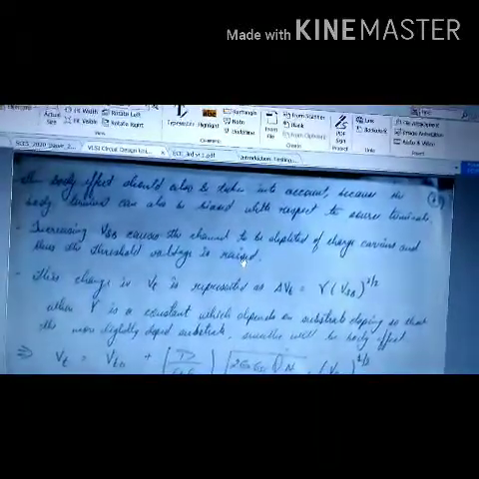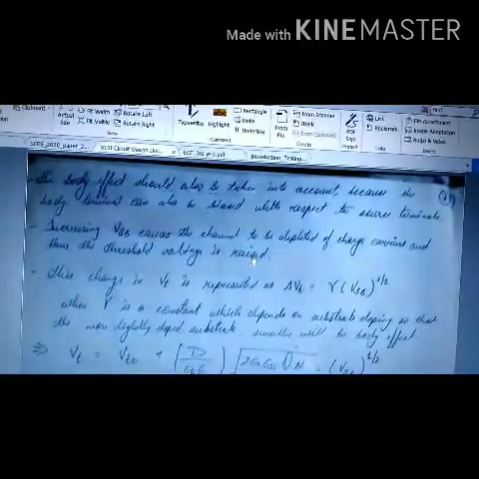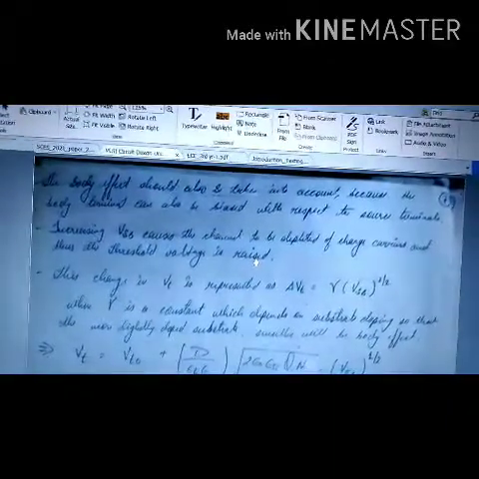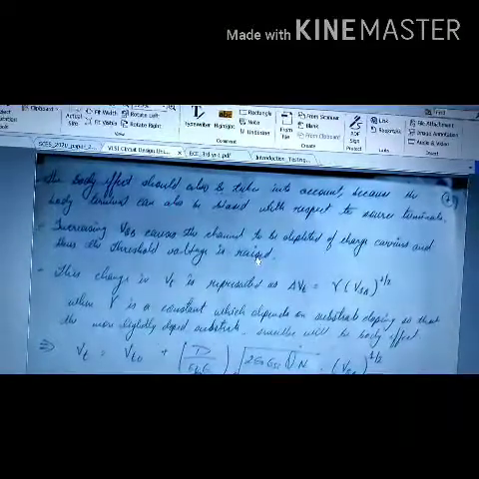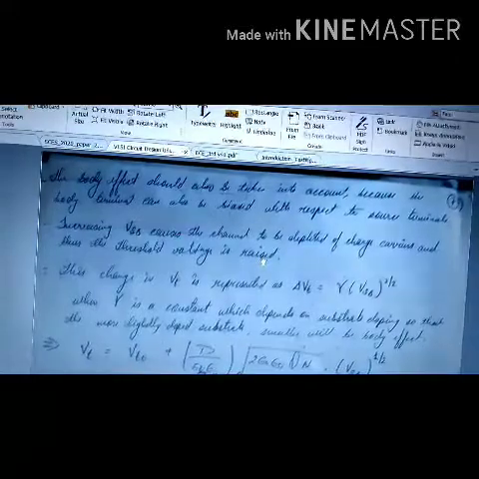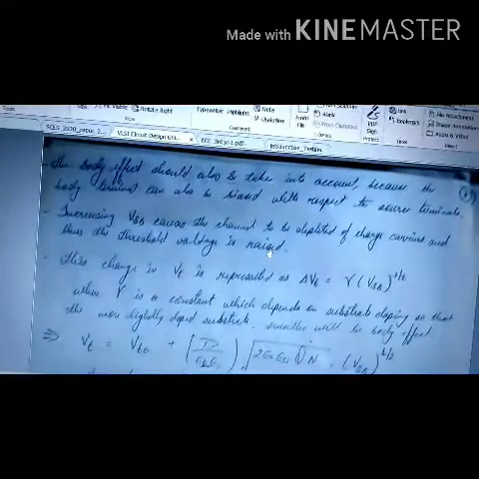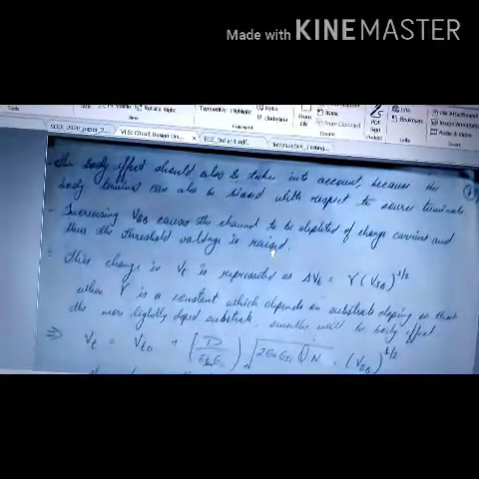We don't want channel electrons to be taken away from the channel. Therefore we normally keep Vsb as low as possible, or maybe negative.